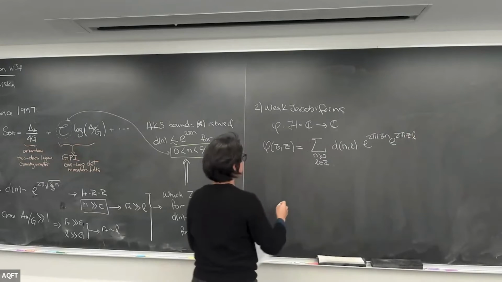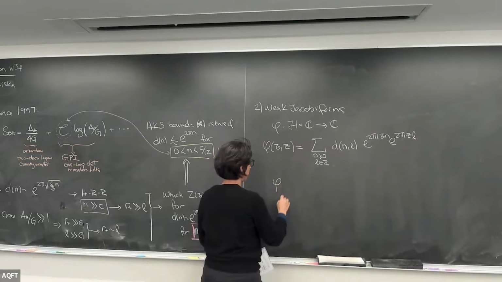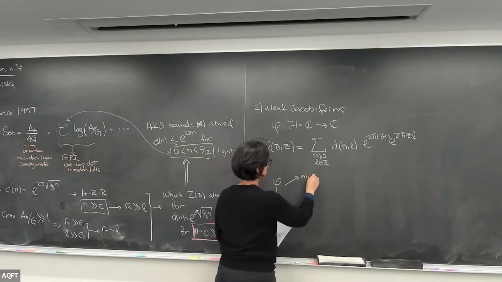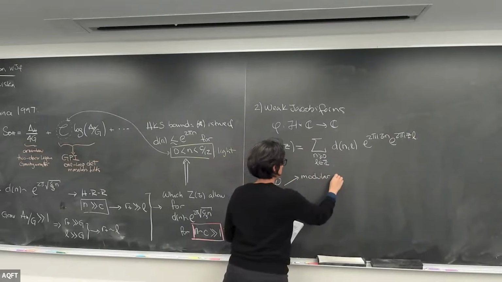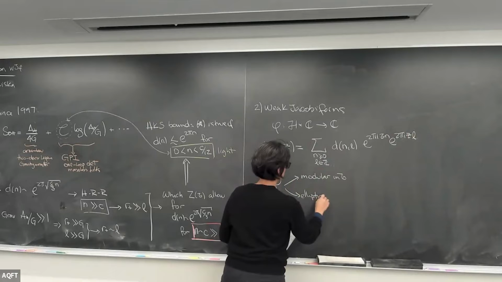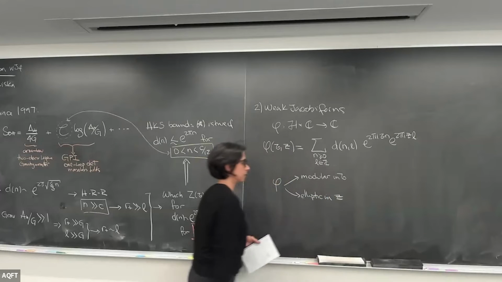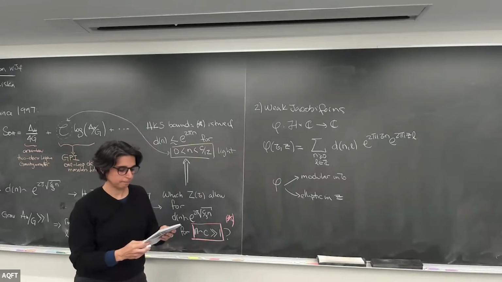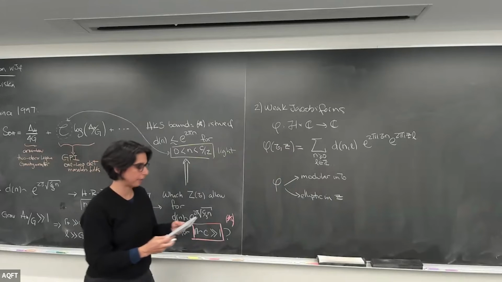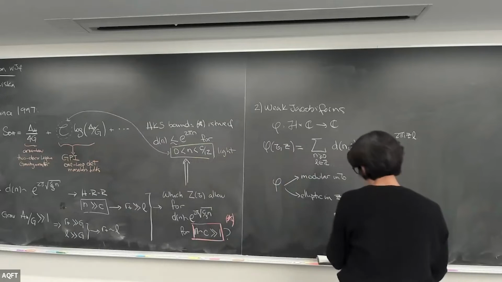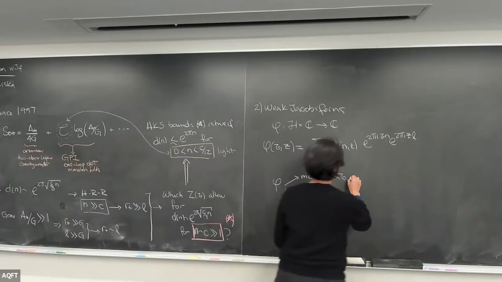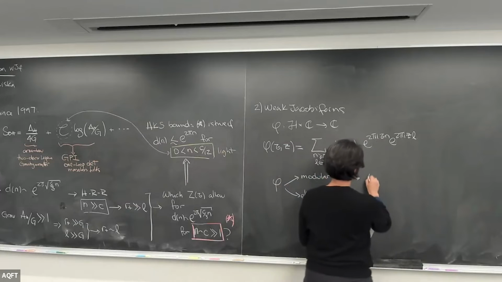And the words weak Jacobi form basically mean that this function phi is modular in tau and basically elliptic in z. I think I'm not going to write all of the equations. No, I do need to say something. Sorry. Okay, so I'll write one thing. One of the transformation properties, I'm not going to write the elliptic one, but let's just write down the modular transformation.